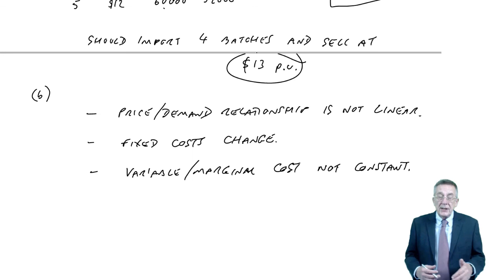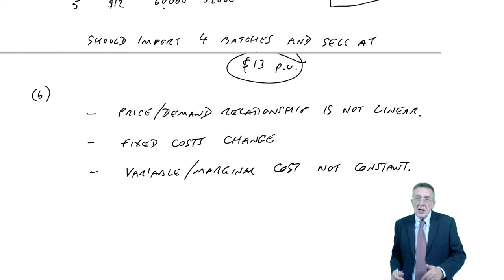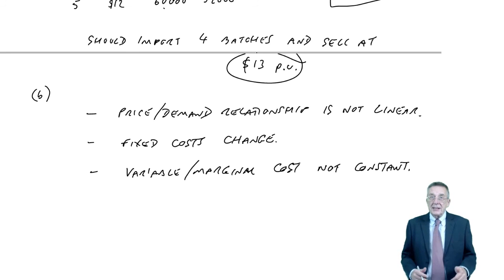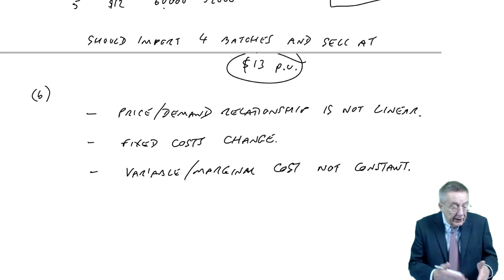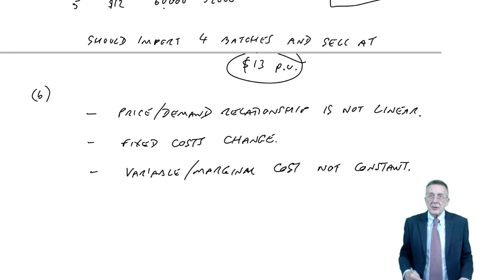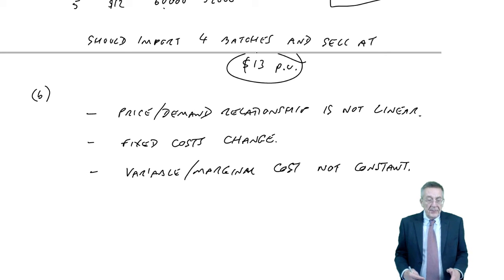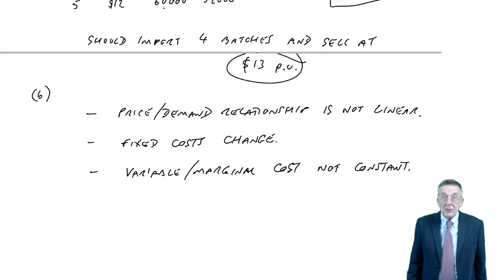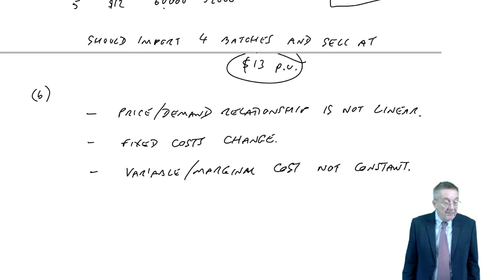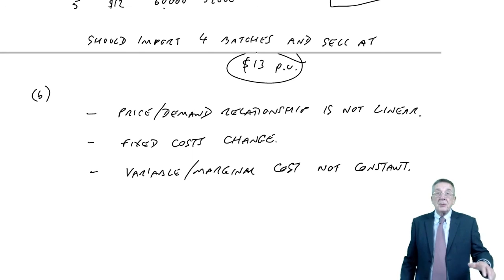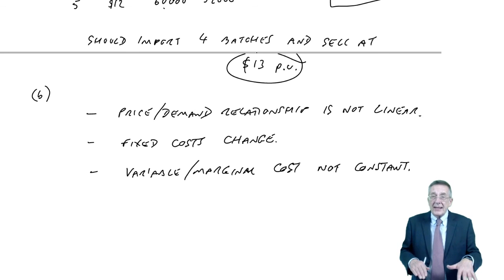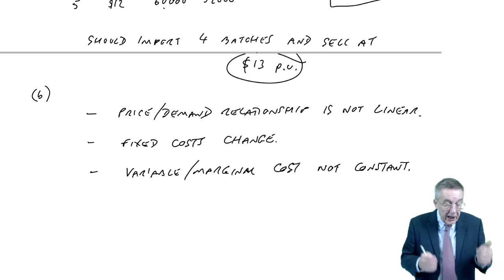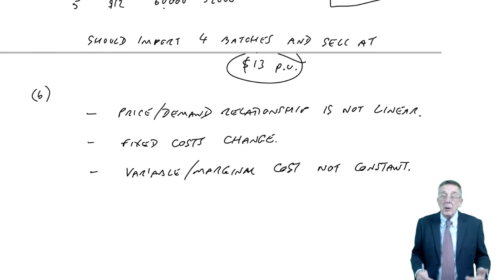And the number of batches, given 1,000 units each time, instead of it being 4 batches and 4,000 units, algebraically it could be anywhere. It could be 4,500 units. But here it's clear that that's not possible. There are only 5 possible selling prices and 5 possible numbers of batches. And so the answer has to be a selling price of 20 or 18 or 16 or 13 or 12.